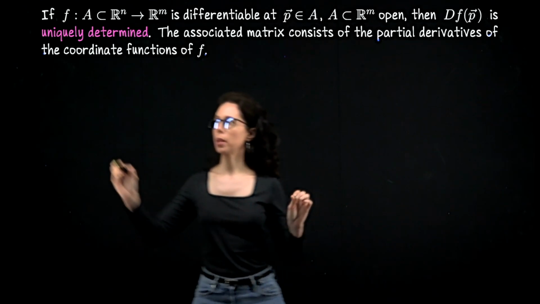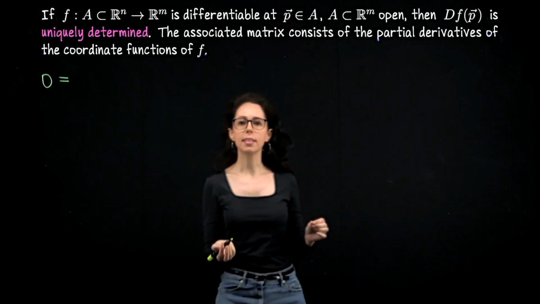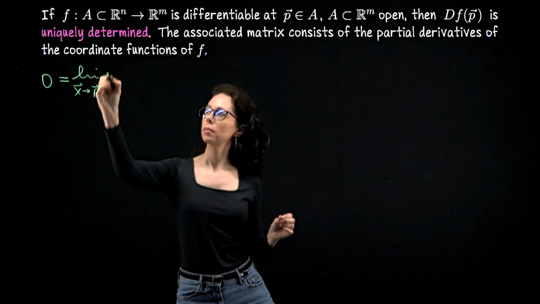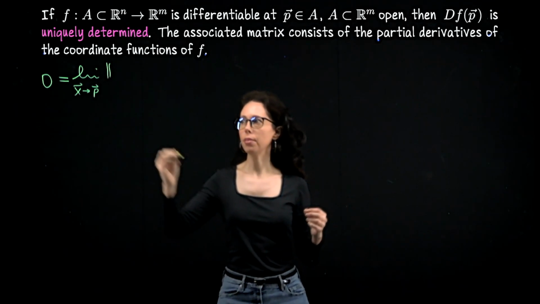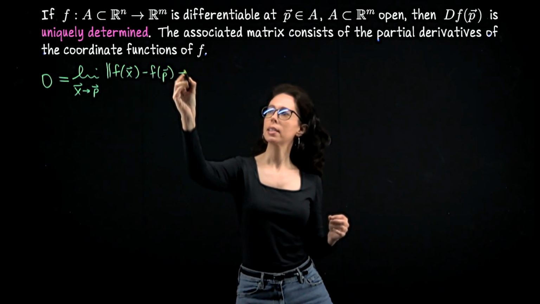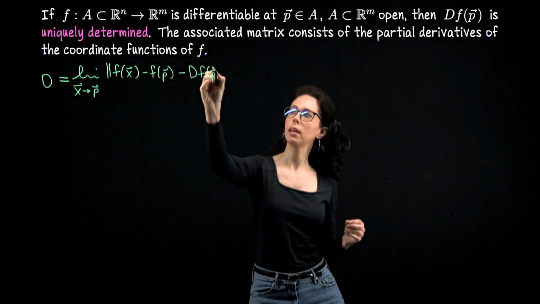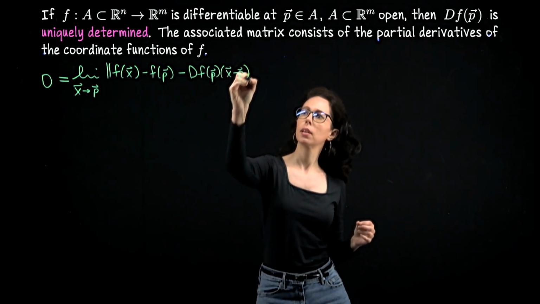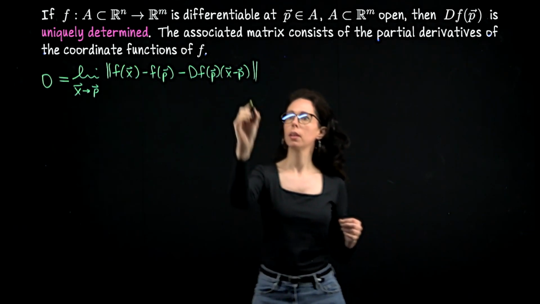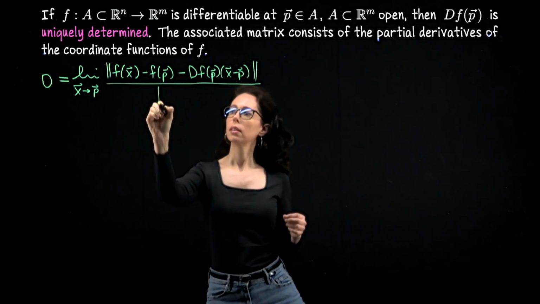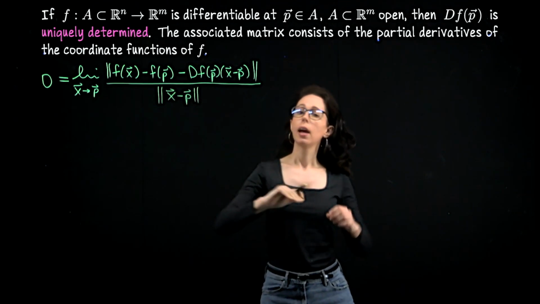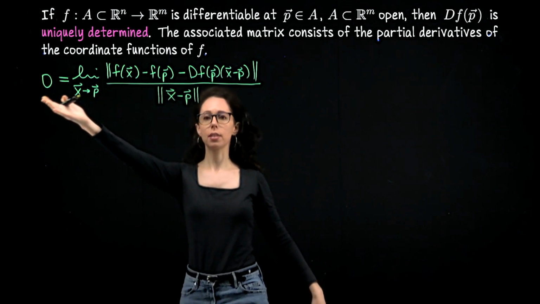So if we assume f is differentiable at p, I can say that 0 equals the limit as x approaches p of the norm of f of x minus f of p minus the linear transformation df at p acting on x minus p, which you can also think of as the associated matrix times the vector x minus p, that numerator all over the norm of x minus p. I know f to be differentiable, so this exists and goes to 0.